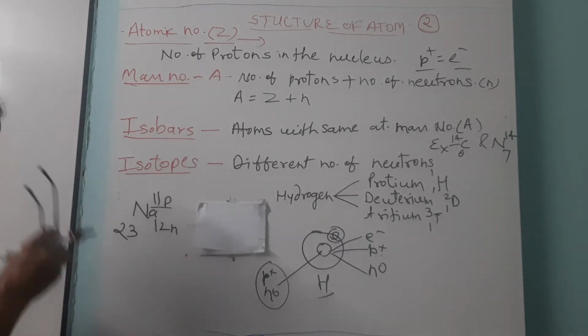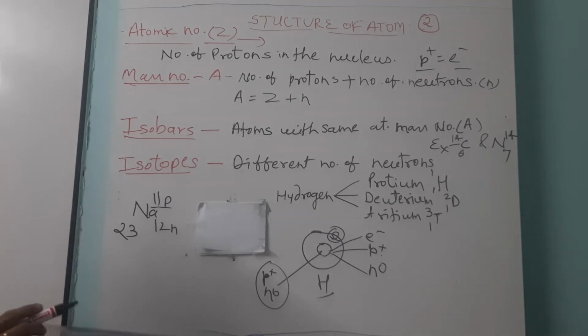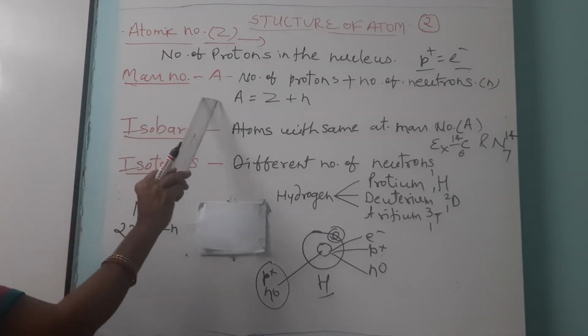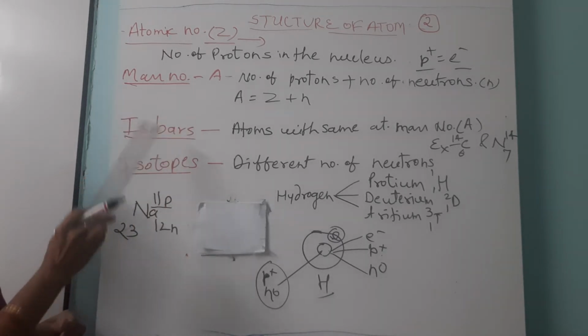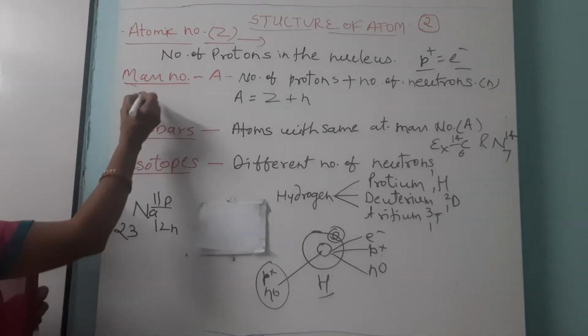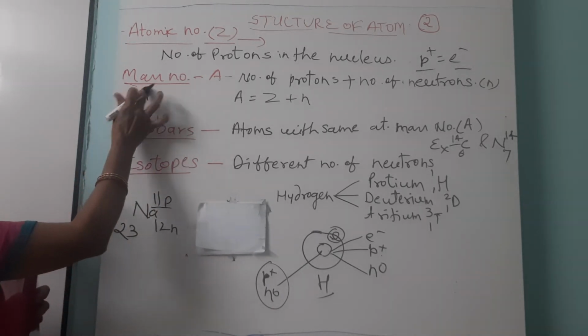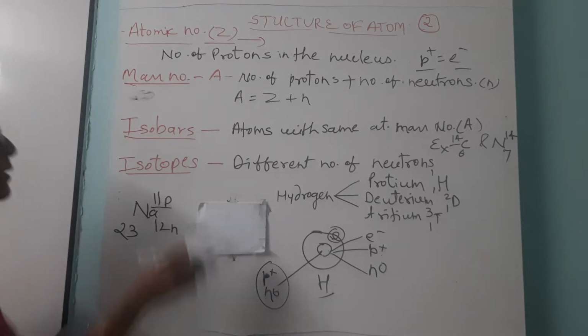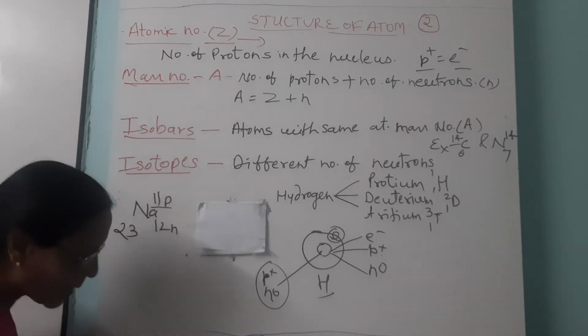Now the next is mass number. On the basis of mass number, what can we calculate? Molar mass or atomic mass. What is the meaning of mass number?